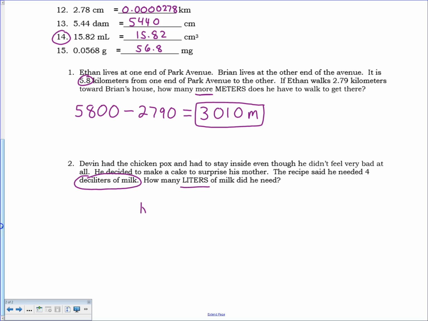If you write out King Henry died by drinking chocolate milk. Okay, we're just jumping over here from deciliters over to liters. So 4 deciliters, if you jump over 1 spot, ends up equaling 0.4 liters.